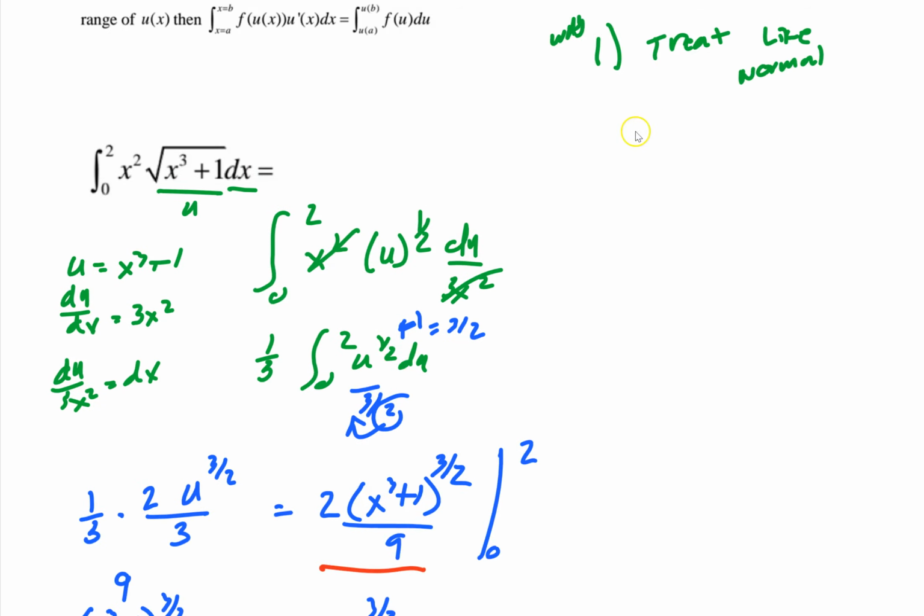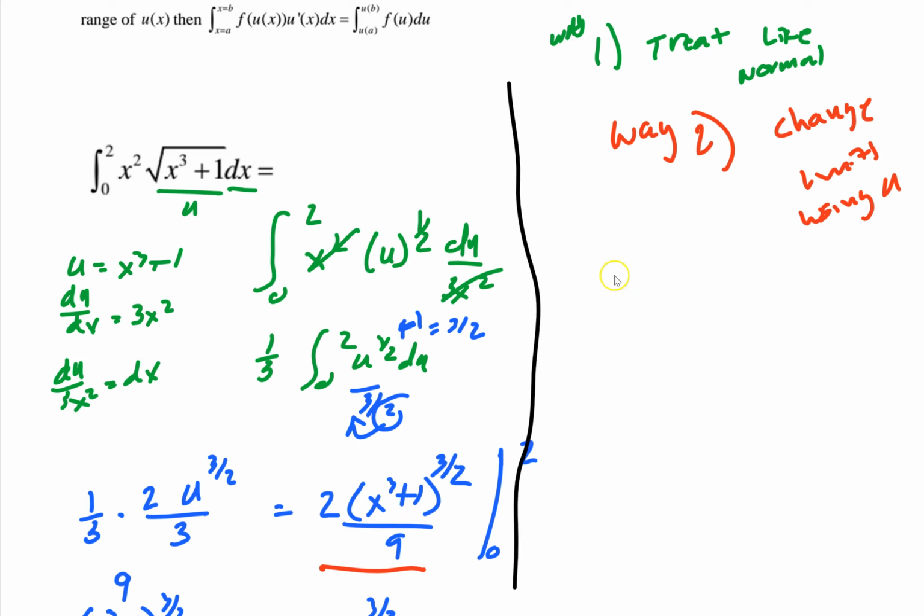Way 2 is you change your limits using the u. So this is what we'll mean, right? So way 2 is right here. We still have u equals x cubed plus 1.